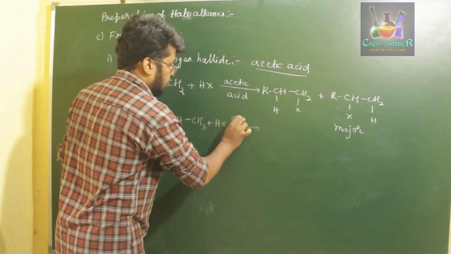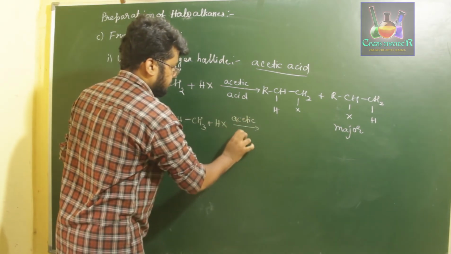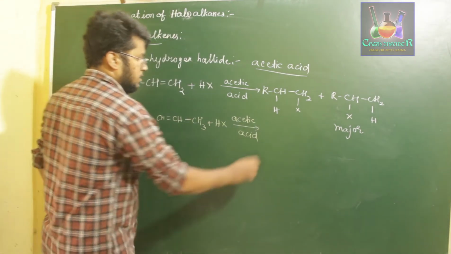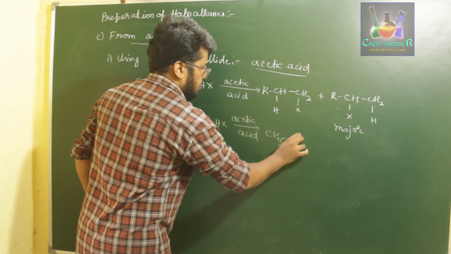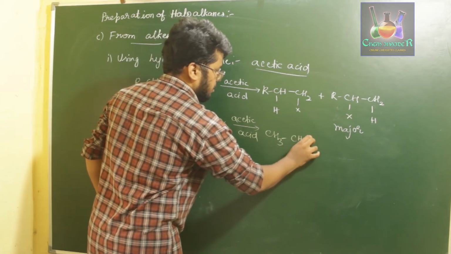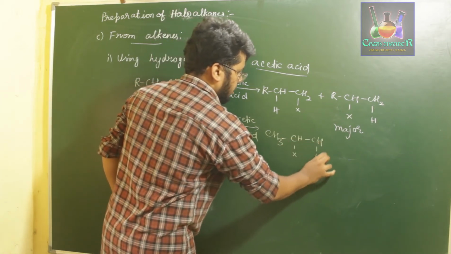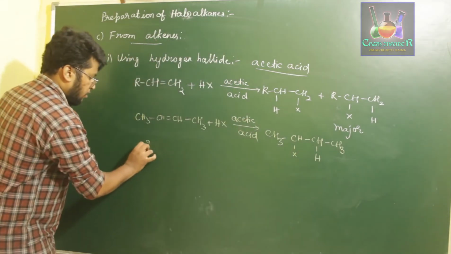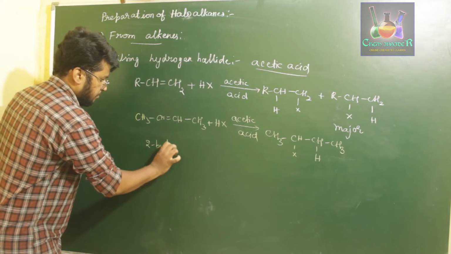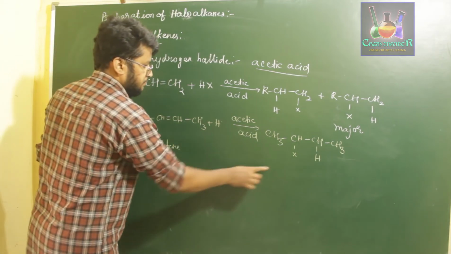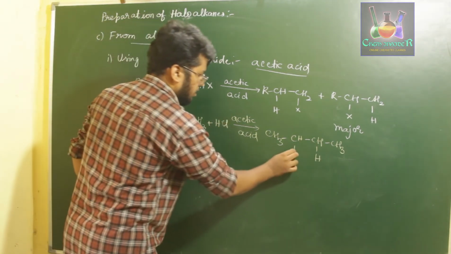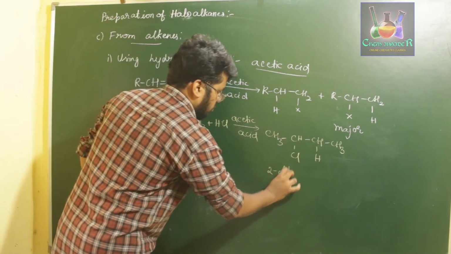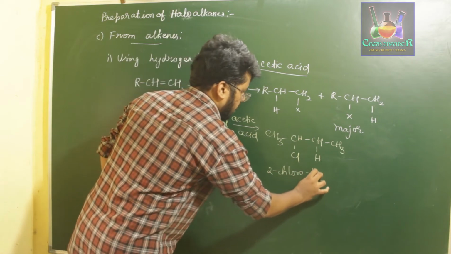For this reaction, on treating with acetic acid, it forms CH3-CHX-CH2-CH3. So this is our product. Here we are treating 2-butene with HCl to get 2-chlorobutane.